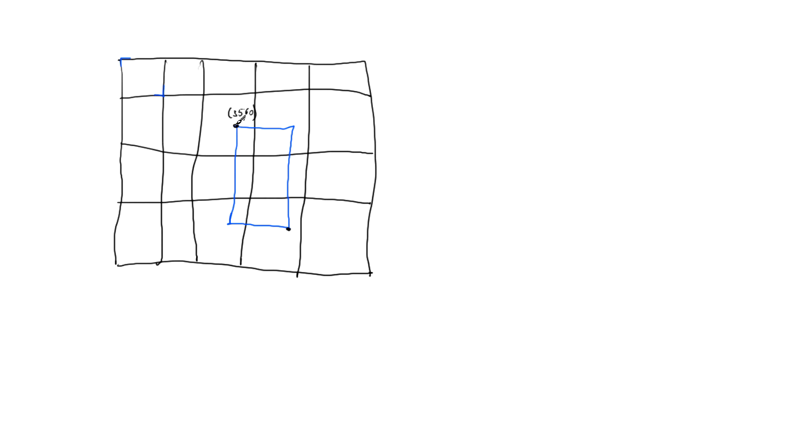Now given the position of any point, we can figure out which tile contains that point simply by dividing by the width and height of a single tile in the tile map. So for example, let's say width equals height equals 25.